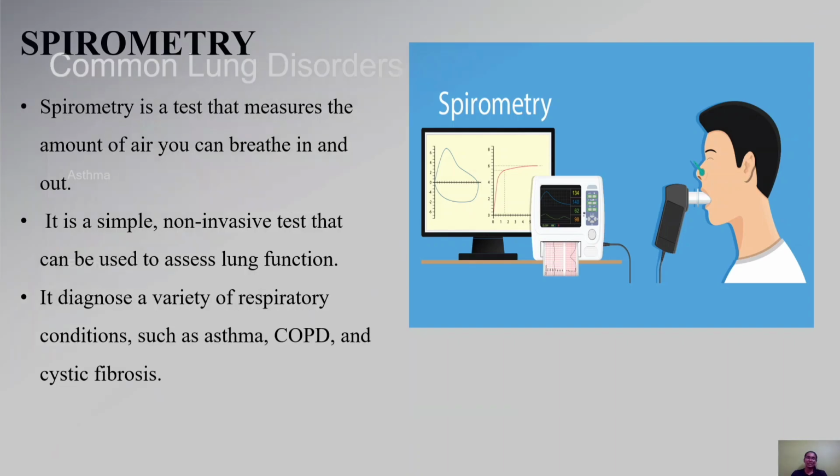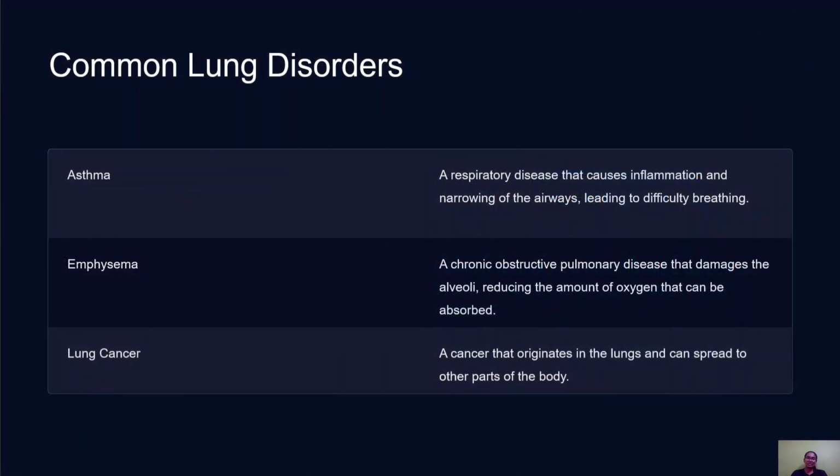Let us move into common lung disorders. The common lung disorders are asthma, emphysema, and lung cancer. Asthma is a respiratory disease that causes inflammation and narrowing of the airways, that is, the bronchioles and bronchus, which leads to difficulty in breathing.